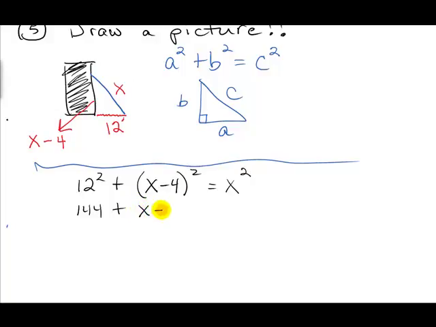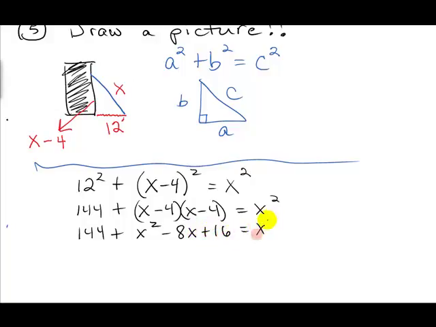This x minus 4 squared means I have to multiply it twice. When I move that x squared over, when I subtract it here, it gets subtracted there also. I'm going to go ahead and combine my numbers here.